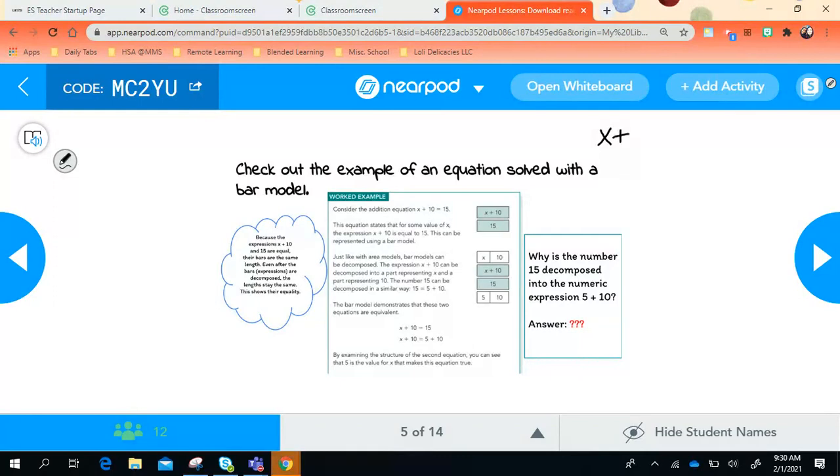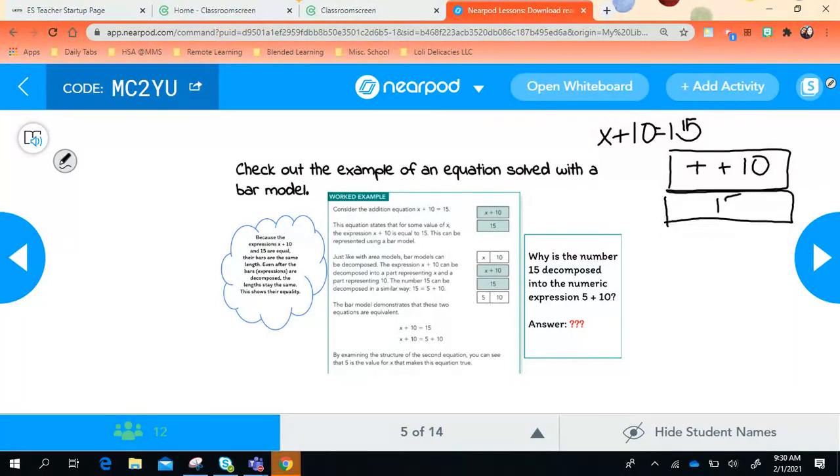They have x plus 10 equals 15. So they put x plus 10, and all together, this equals 15. So we already know we have 10, and we need to figure out what x is in order to make the whole thing 15.